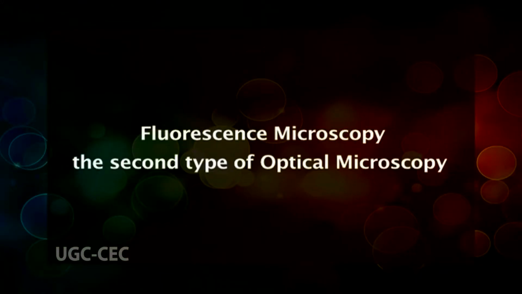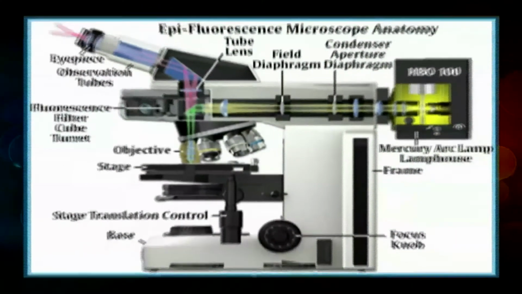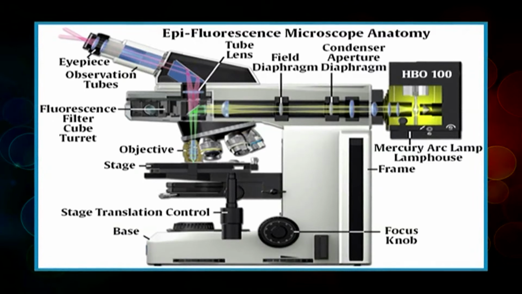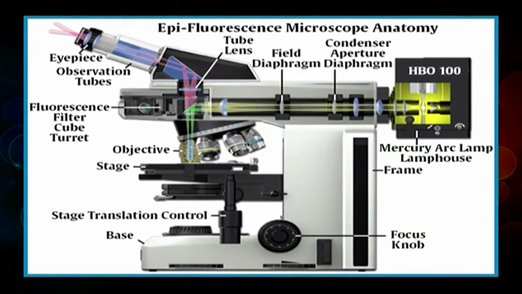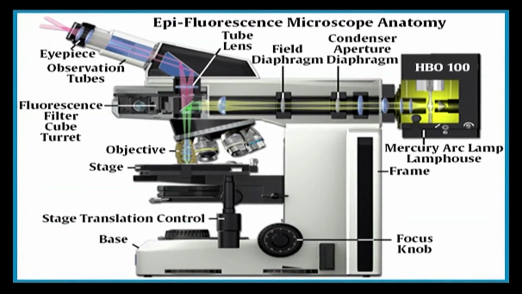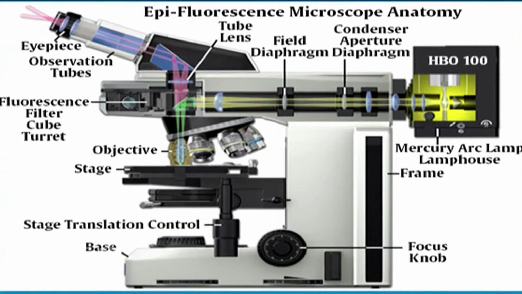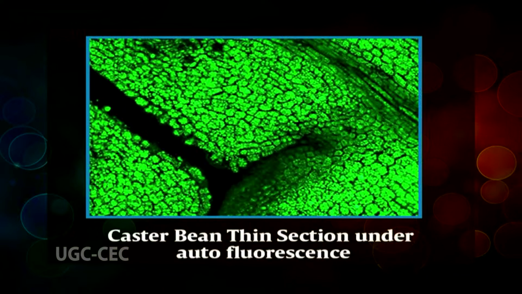Now, fluorescence microscopy, which is the second type of optical microscopy. Fluorescence can be used as a label or tag while preparing specific biological probes. Some biological substances such as chlorophyll and some oils and waxes have primary fluorescence, that is autofluorescence.